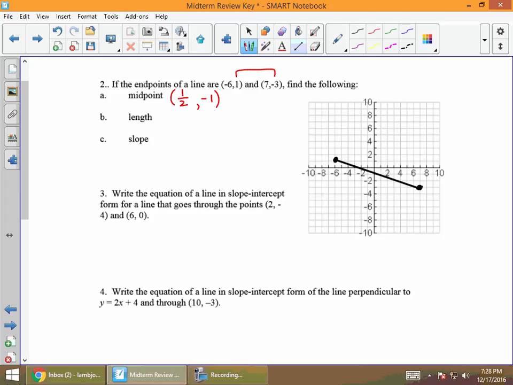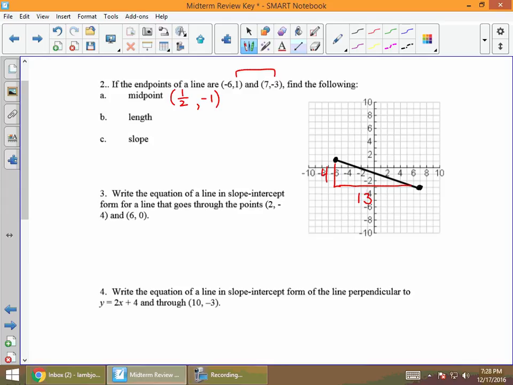The length, I'm actually going to do C next. You'll find the slope of this thing. So it drops 1, 2, 3, 4. It goes down 4. And it runs 13.